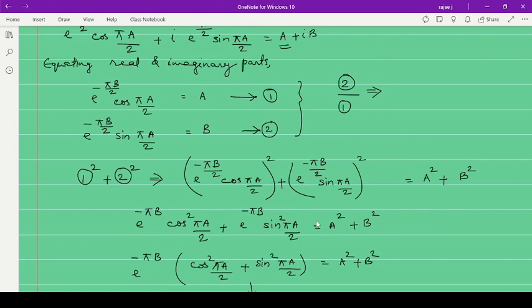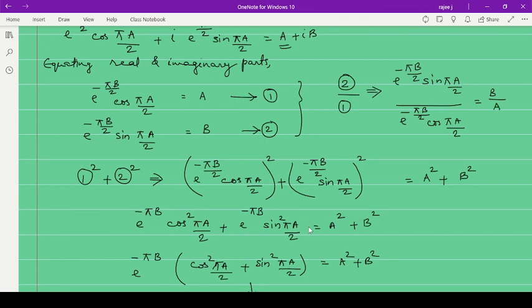So e raised to minus pi b by 2 sin pi a by 2, that is equation number 2, divided by e raised to minus pi b by 2 cos pi a by 2, equation number 1. This equals the right side, equation number 2 is b and here it is a.